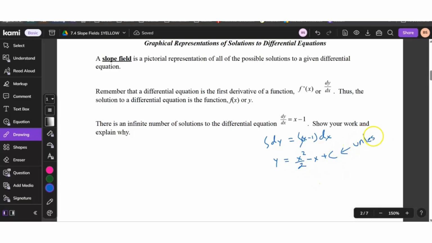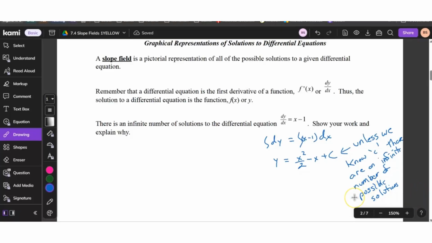So unless we know c, there are an infinite number of possible solutions. Right? Because if we change c, we get a new solution. Change it again, we get another solution. So there's an infinite number of them.